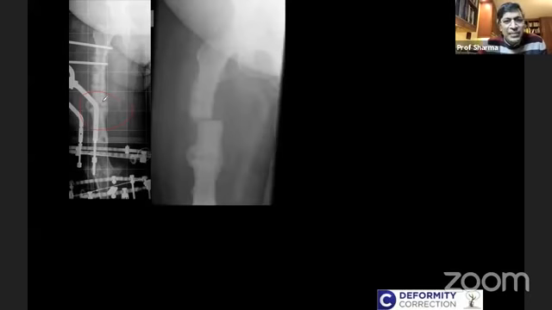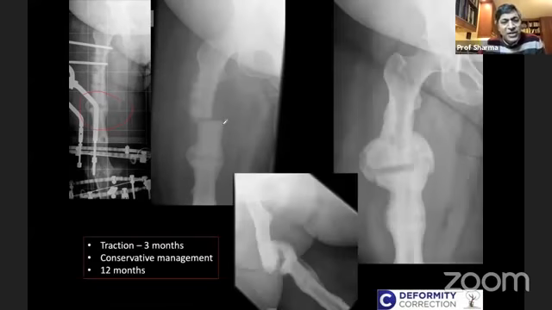Ultimately, when it healed up, she broke at the pin and went into non-union. I said I'm not doing any more, because she had so many treatments and every time there was a complication. I put her on traction, conservative, and she refused to heal. I had no choice, but I didn't want to put in a frame because I thought if I put in pins here and she got infected, it would be a disaster, because everything went wrong in this patient.